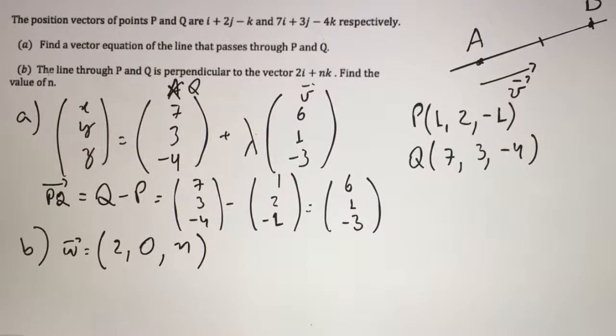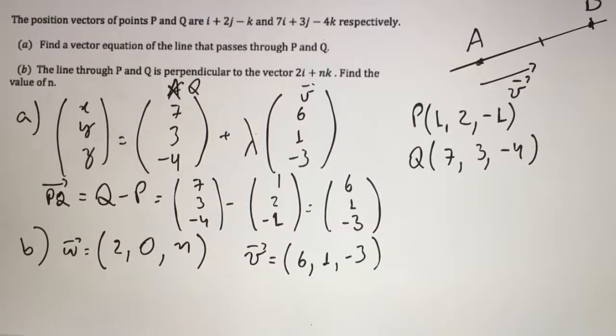And he's saying that the line that passes through P and Q is perpendicular to that. So if it's perpendicular, let's talk vectors. What is the vector that gives my line direction? It's v, and we found that the coordinates of v are 6, 1, and -3.